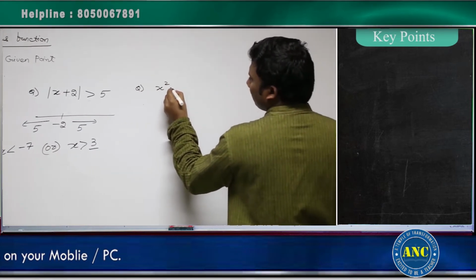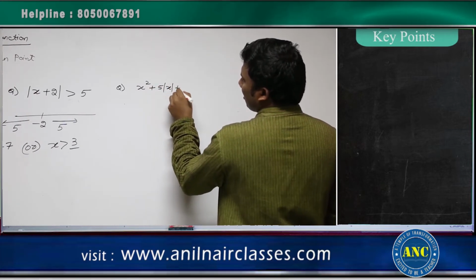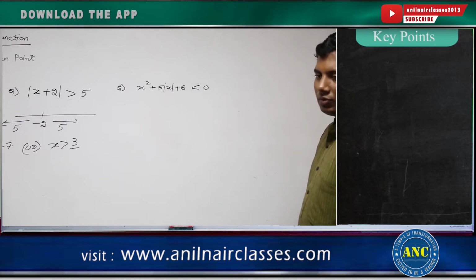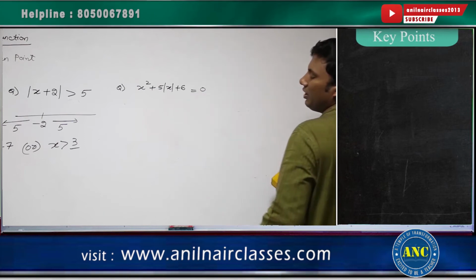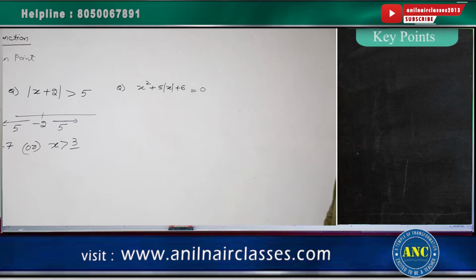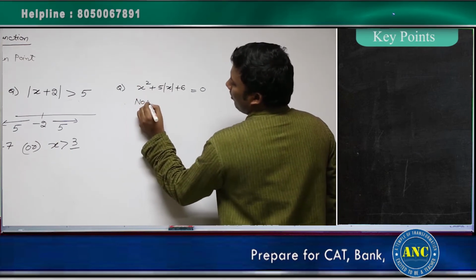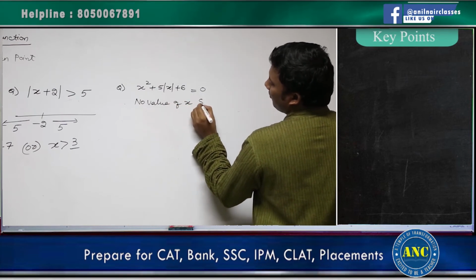x square plus 5 mod x plus 6 is less than 0. First we will make it equivalent to 0. x square plus 5 mod x plus 6 is equivalent to 0. Directly by looking at the question itself, you can say no value of x will satisfy this equation.